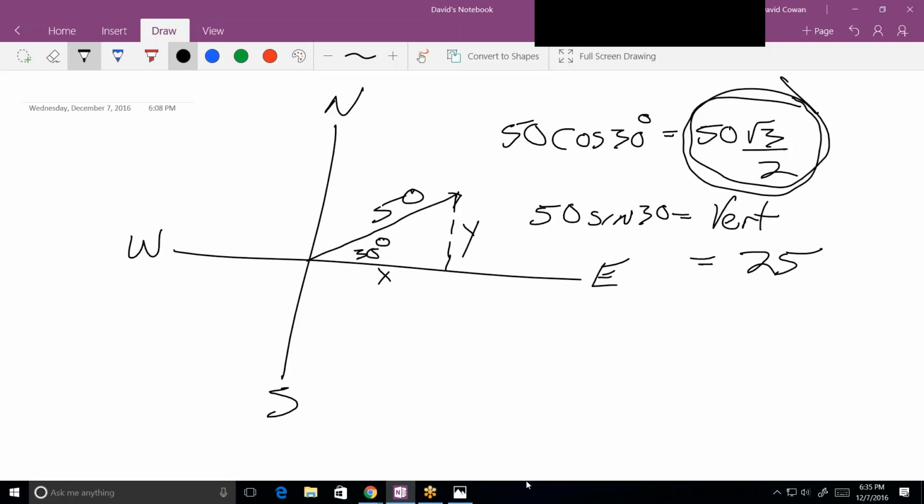Okay? So all we're going to do on your problem is figure out the horizontal and the vertical vector based on the airplane and the wind, and then combine the two. In other words, before we get to your problem, let's look at this.